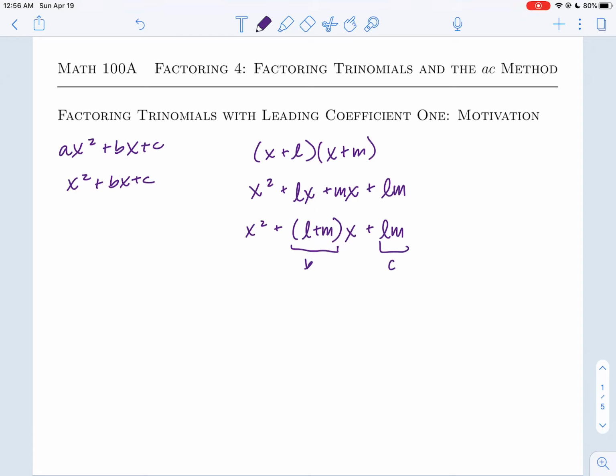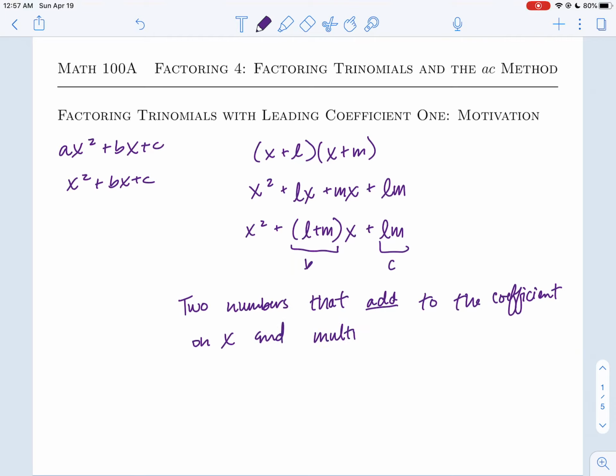So what I can look for when I'm given that form x squared plus bx plus c is two numbers that add together to the coefficient on the x term, and they multiply to the coefficient on the constant term.